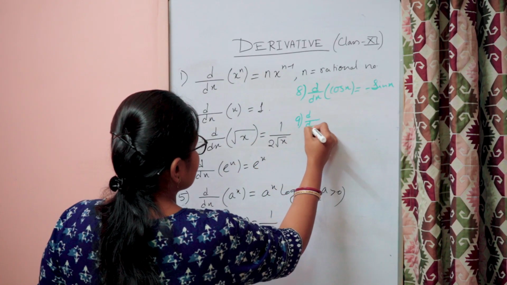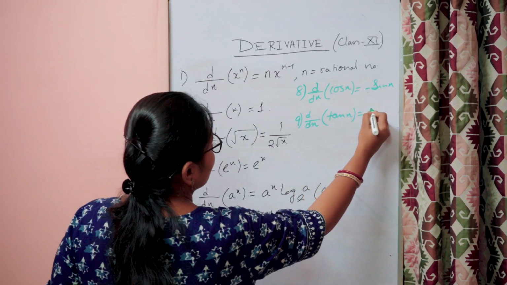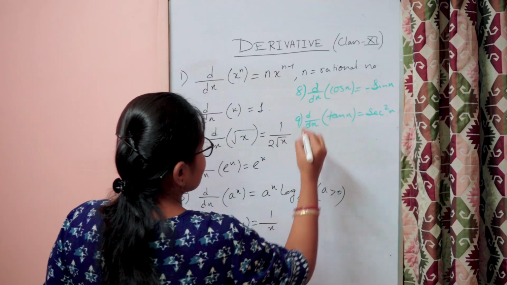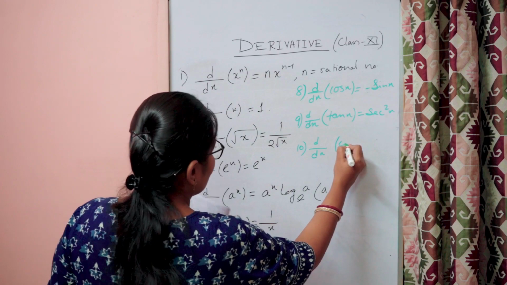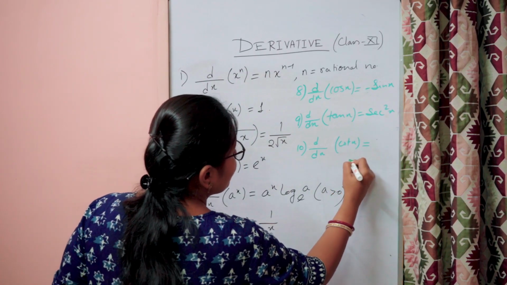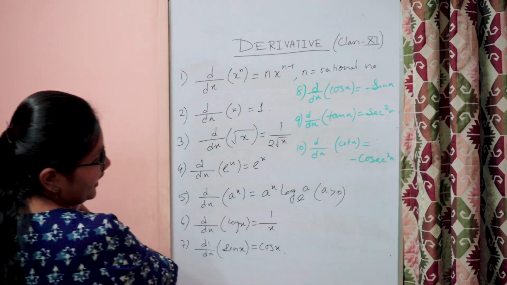d/dx of tan x is equal to sec square x. d/dx of cot x is equal to minus cosec square x. Don't forget to write the minus.